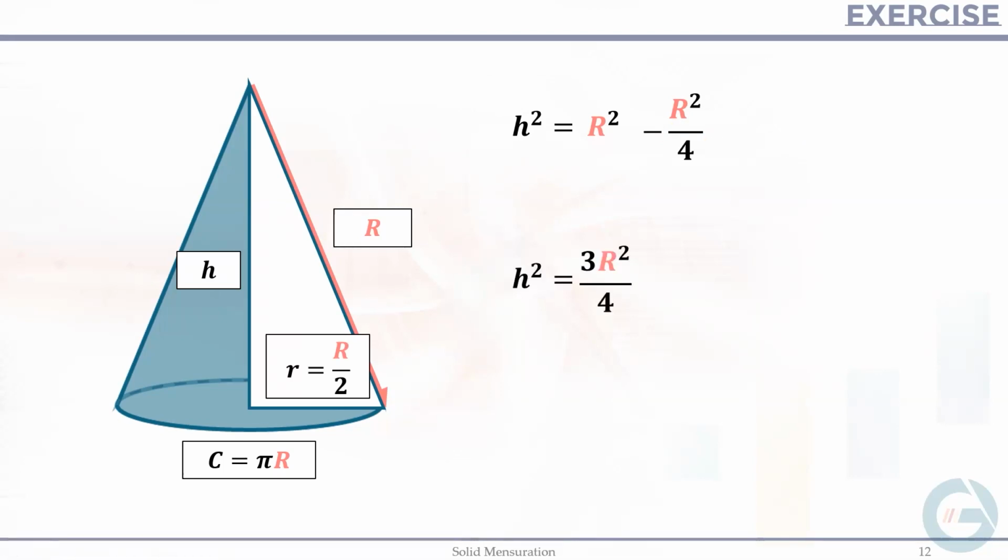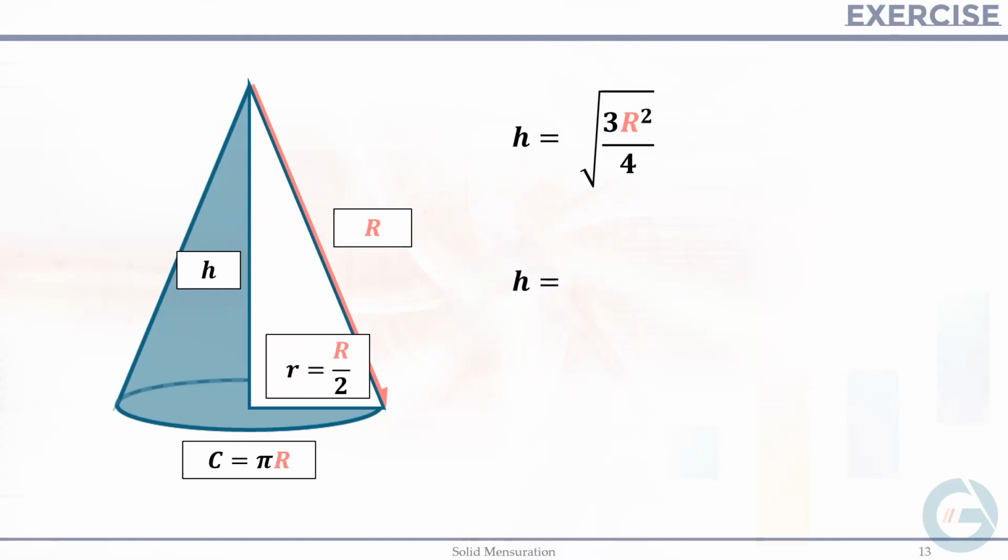Transferring the square to the right side, it becomes a square root: the square root of 3R squared over 4. So h is R square root of 3 over 2. The square root of R squared is R, so we can take that outside of the radical sign. The square root of 3 remains, and the square root of 4 is 2. This is now the value of the height.